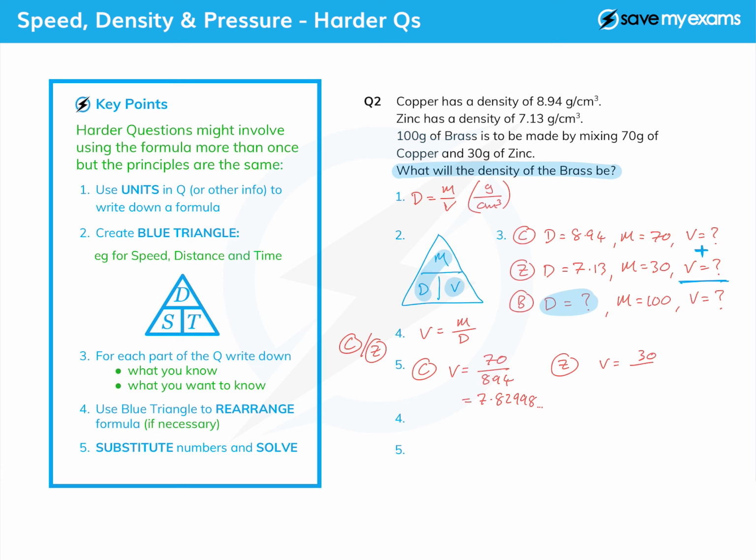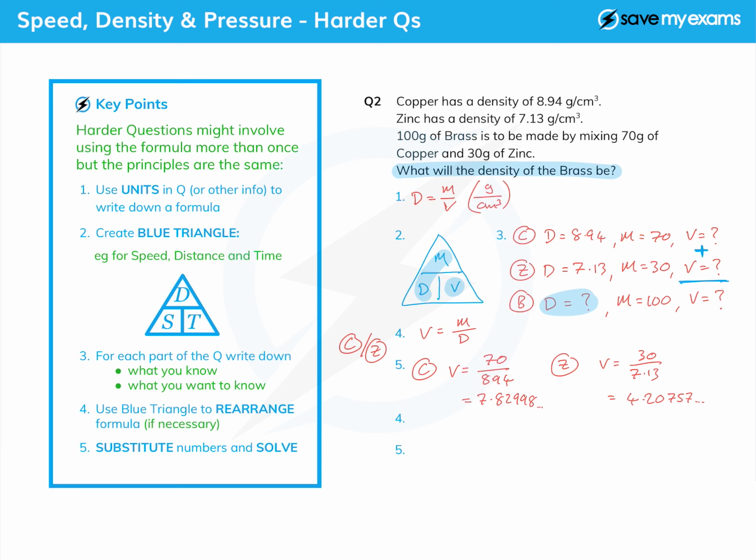So this is 30 over 7.13. And 30 over 7.13 comes out to be 4.20757 something. That's probably enough accuracy though. And how do I find the volume of the brass? Well, I'm simply going to add these two things together, which I'll do in a minute in my formula.